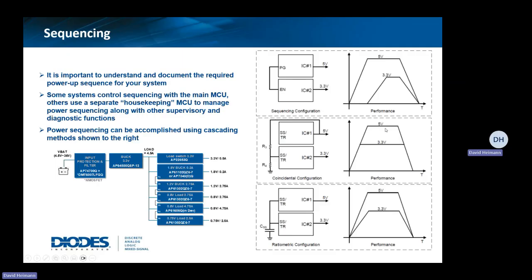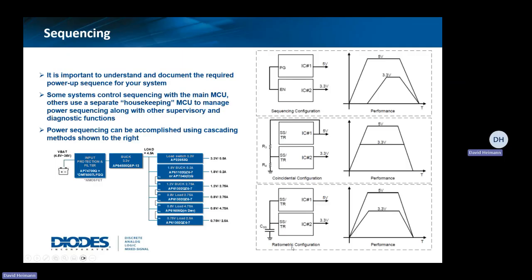sequencing. You can see here how this is going to perform. You're going to get both parts that start ramping at the same time, but they will come up in order of their output voltage. Typically, you're taking the 5-volt output and bringing that into the soft start or tracking input of the next converter. So that's another methodology, coincidental.